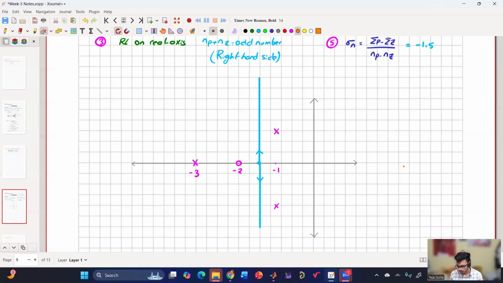Did you get the question? Sorry, sir. Can you repeat? From 0 to -1, whether the root locus will be there on the real axis or not. We'll check using this rule number 3, right? By checking on the right side the number of poles and zeros summation.